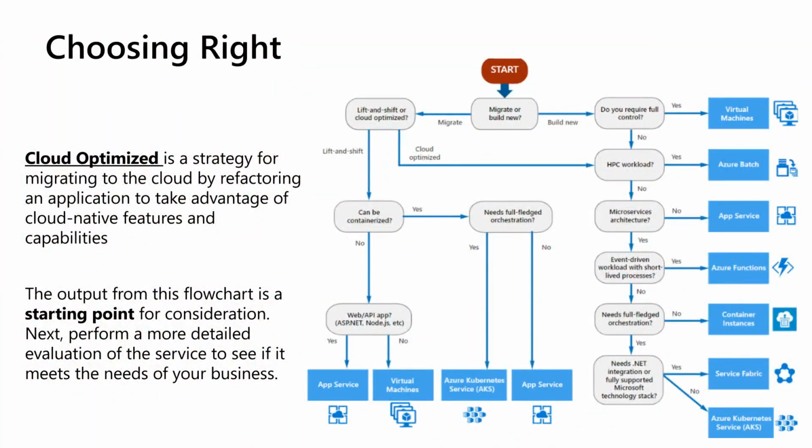So this slide here is basically showing you some learnings that we gathered internally, and we've put it into a document so that you can reference and leverage. This is really a guideline to help you choose the right service and the right infrastructure for your workload at the right time.